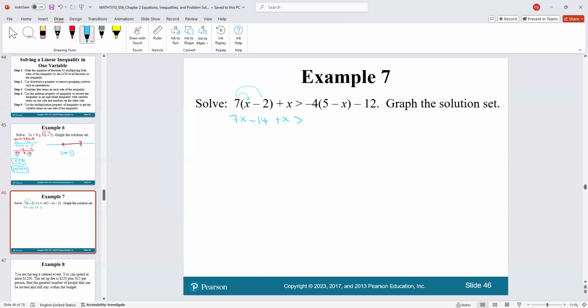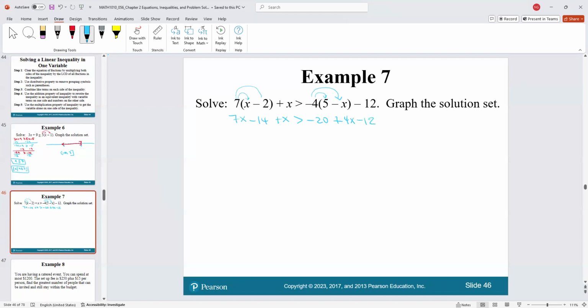Greater than, how about we distribute that negative 4? Remember, you need to take it with the sign. Negative 4 times positive 5, negative times positive gives you negative 20. Negative 4 times negative x, two negatives give you positive in multiplication. So that gives you 4x minus 12.